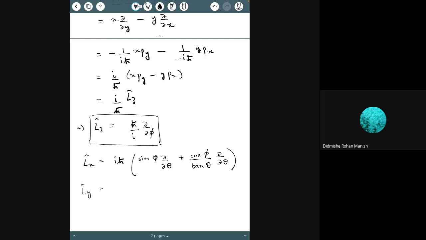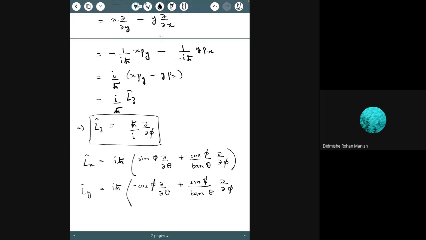And Ly is equal to, once again, minus cos φ ∂/∂θ plus sin φ by tan θ ∂/∂φ. Oh, sorry, this one is ∂/∂φ.